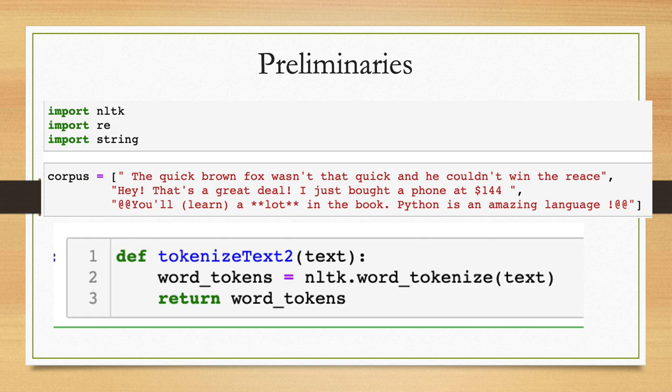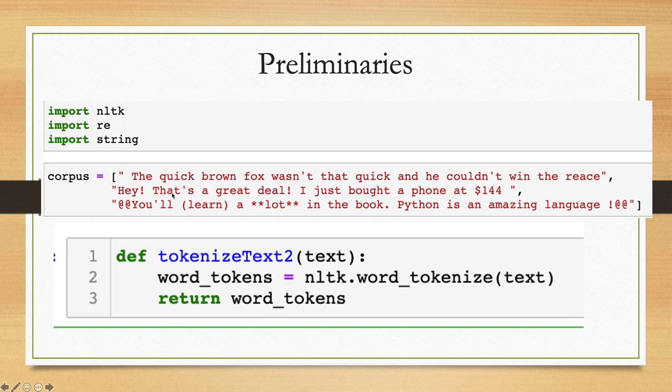Now we'll be using the Python Jupyter notebook. Of course, we'll be using different libraries such as NLTK, the regex library, and also the string library. So we have an example of a corpus, which is composed of three sentences. Notice that the spelling of race is wrong.